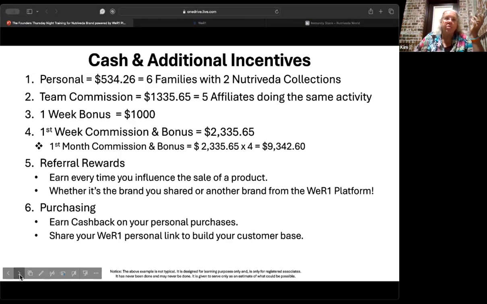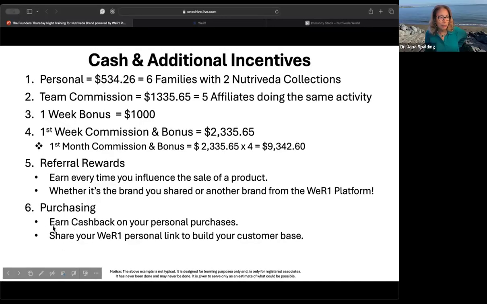So it's kind of like going to the store and getting a discount instead of having to pay full price, because we're just members of the team. So the first one was earn cash back on your personal purchases, and this one is share your We Are One personal link to build your customer base.